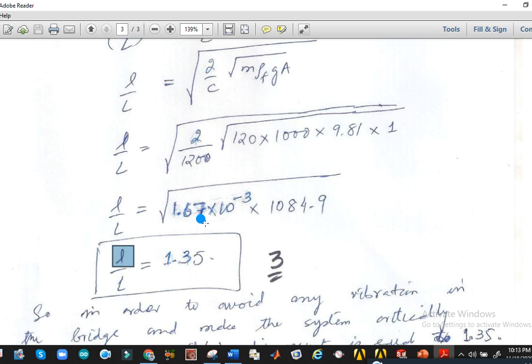That means the damping element will be kept away from the stiffness element, 1.35 times.